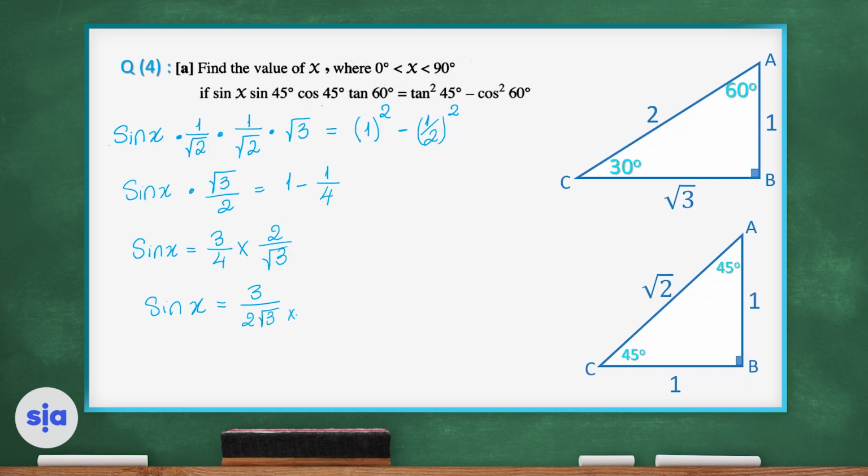If you multiply by root 3 up and down, sine x would be equal to 3 root 3 over 6, which is square root of 3 over 2. Sine what angle equals root 3 over 2? For sure it's sine 60. Then x equals 60 degrees.